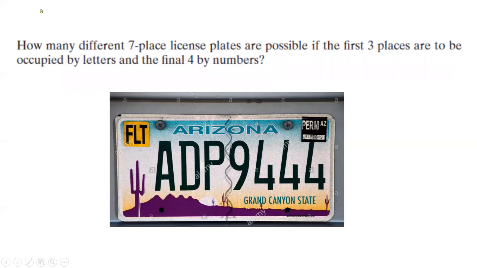Okay, another example is how many different 7-place license plates are possible if the first 3 places are to be occupied by letters and the final 4 by numbers. Okay, again, I'll leave you 3 minutes to think about this question.